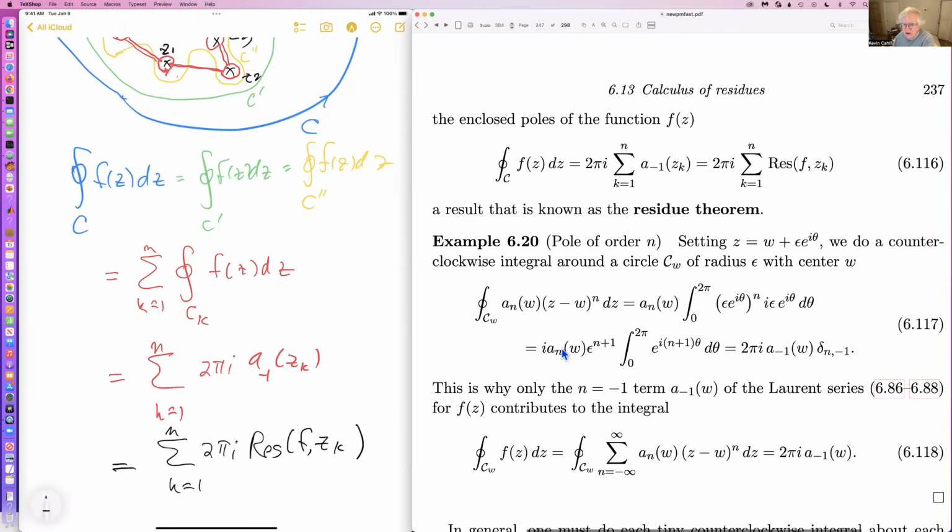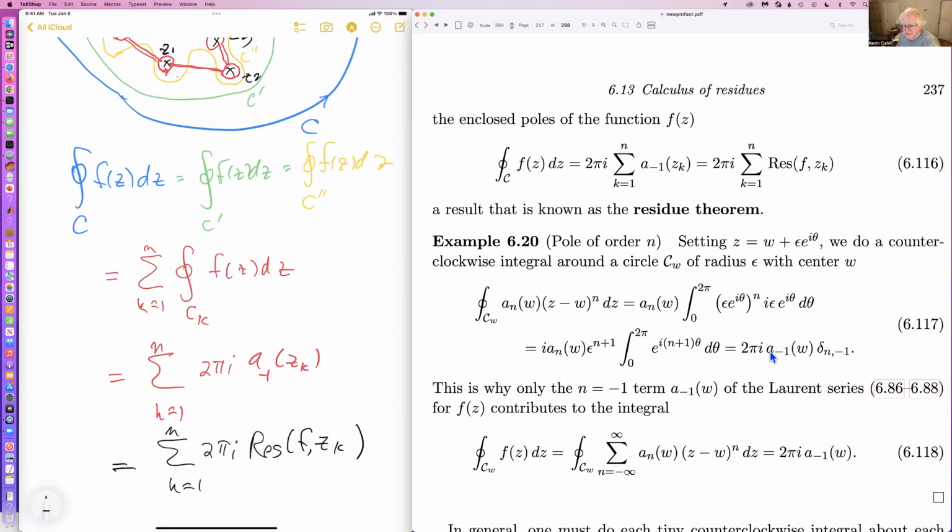Suppose we have a pole of order n. Then if we do a counterclockwise integral around it, we're going to be integrating e to the I epsilon, e to the I theta d theta. But then this thing here is epsilon e to the I theta raised to the nth power. This is a sub n of w.